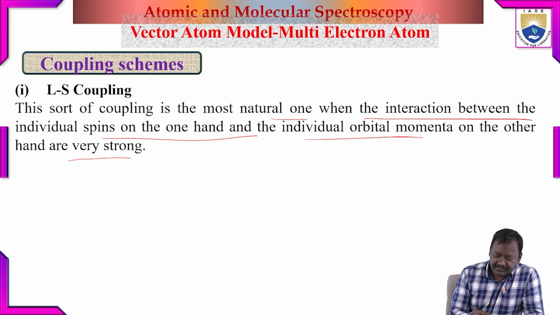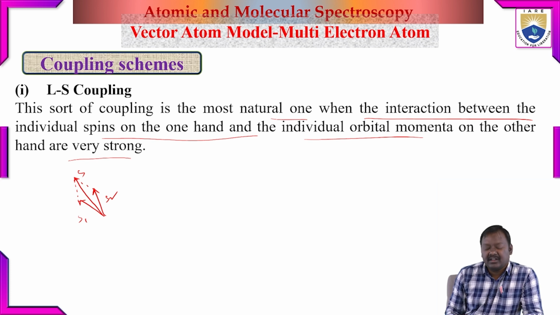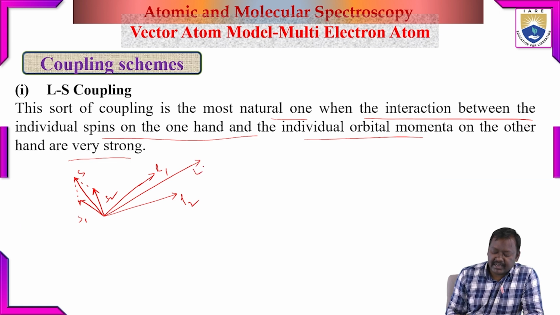For example, if there are two spins like this, this is the spin S1 and this is spin S2, the resultant vector S could be given like this. And if there are orbital angular momenta L1 and L2, the resultant orbital angular momentum L could be like this.